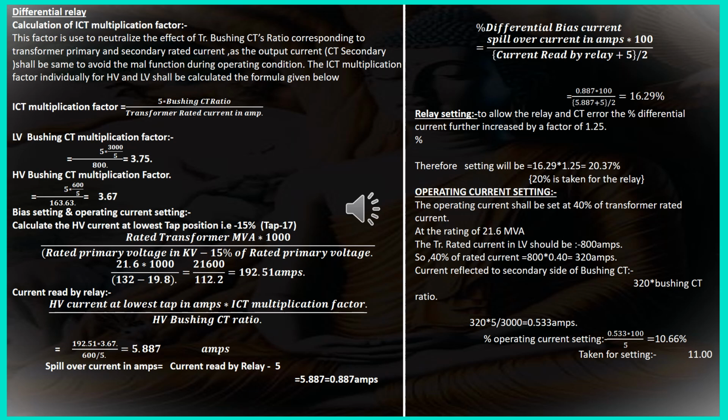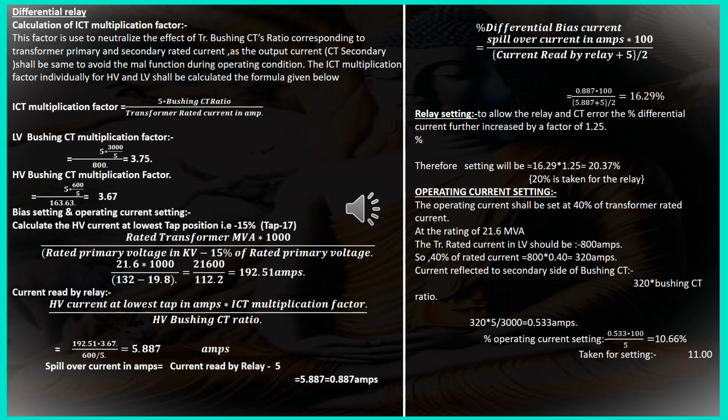Now the setting is given here. In the ACTM, the guideline is given so nicely. In our earlier transformer, the tap is varying from minus 15% to plus 5%, 5% increasing.